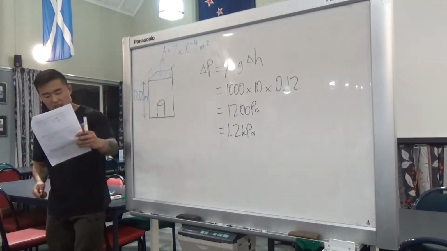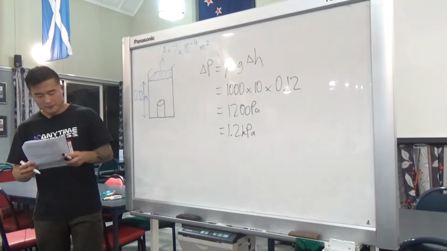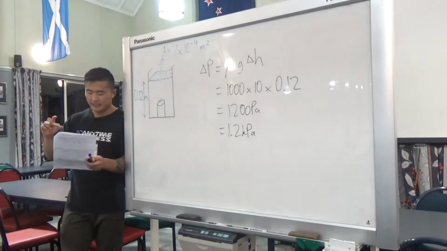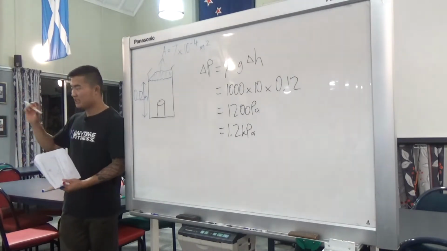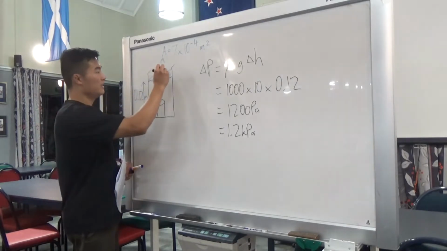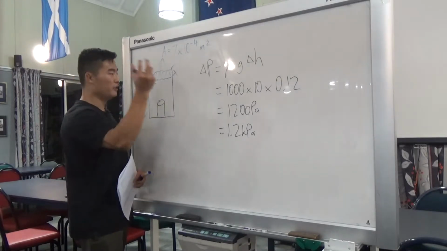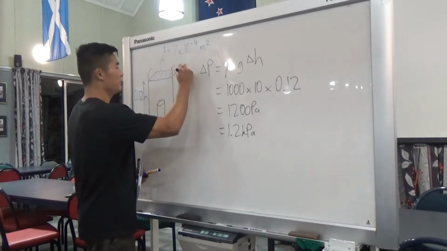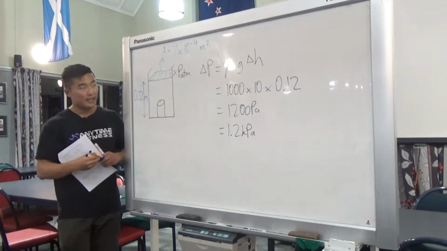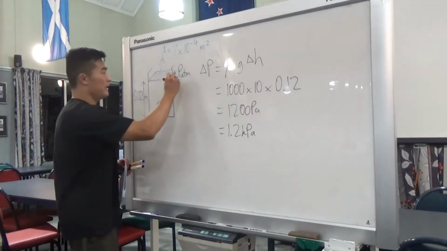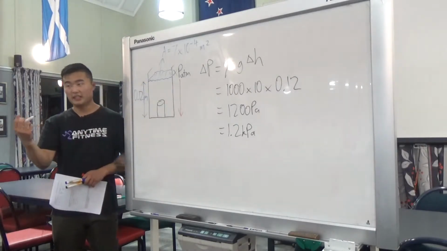Yeah, so that's the density of water, because what we're trying to find out, gauge pressure, is how much more than the atmospheric pressure the pressure is. At the surface of the water, it's open to the atmosphere, so the pressure will be equal to the atmospheric pressure, and then as you go deeper in the water, the pressure is going to increase.